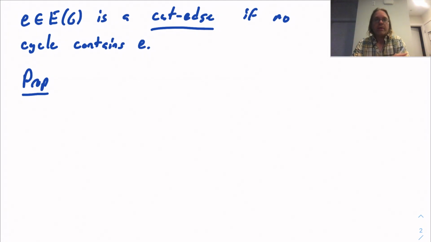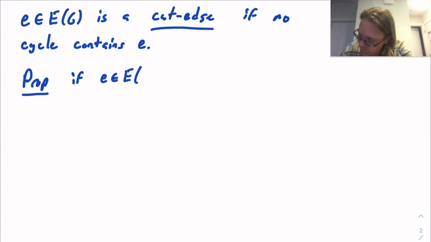Let me say what we're going to prove now. If I give you a graph and I give you an edge of the graph, then exactly one of the following holds.